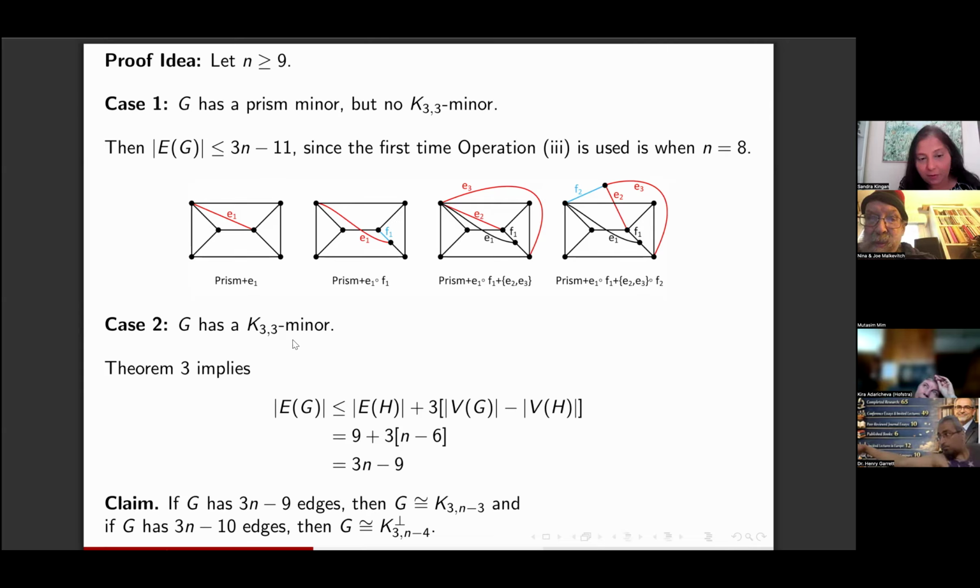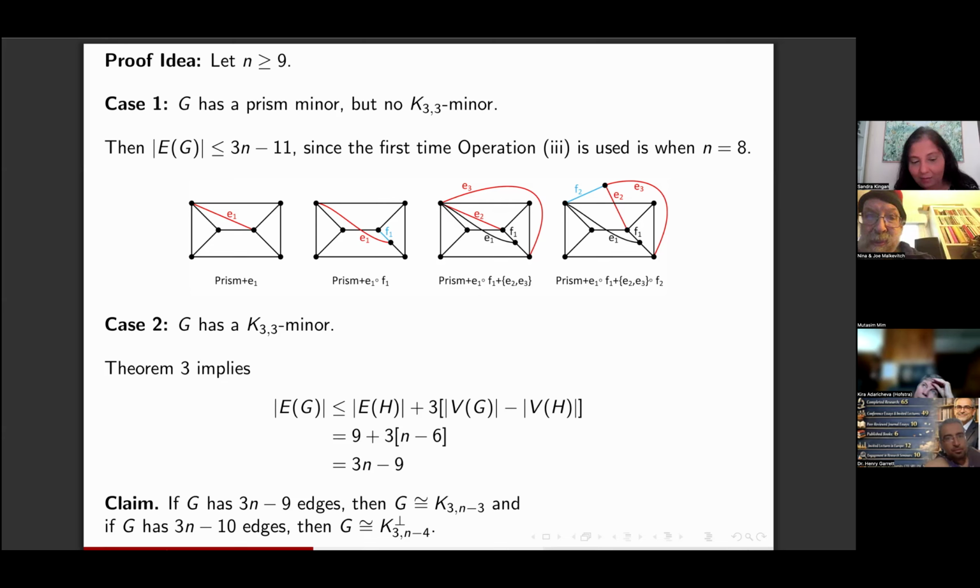So case 2, suppose it has a K33 minor. Then theorem 3 gives you E(G) is less than or equal to 3n minus 9, right? Remember I said that the argument for why E(G) is less than or equal to 3n minus 9 is a couple of lines, and here they are. We want to prove that if it has 3n minus 9 edges, then you get K3,n-3, which is what Holland did.